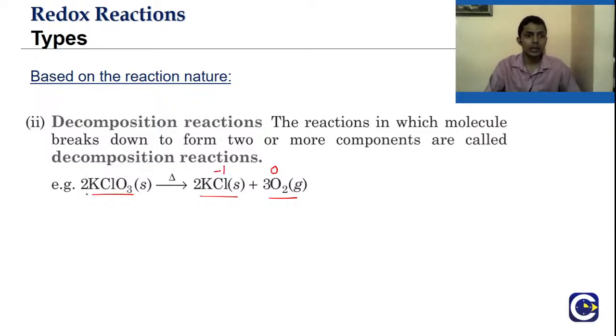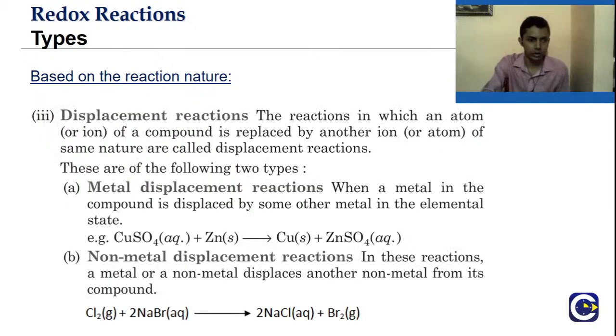In KClO3, the oxidation number of potassium is +1, oxygen is -2, and chlorine is +5. So +5 is becoming -1, and -2 is becoming 0. -2 to 0 means it is undergoing oxidation, and +5 to -1 means it is undergoing reduction. The other type is displacement reaction.